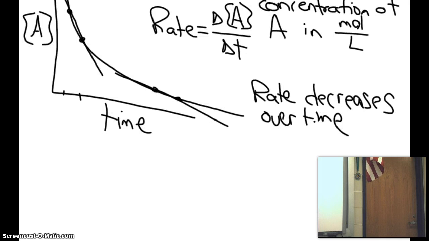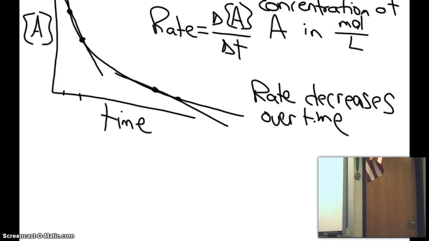There's one other thing that's true. What do you notice about the number value of that slope? That's kind of weird. If that slope is a measure of the rate, what kind of a sign do you have when the slope's like this? Negative. That means that if the change of A in the top of this is a negative number, which it is, then you would come up with a rate that's negative.